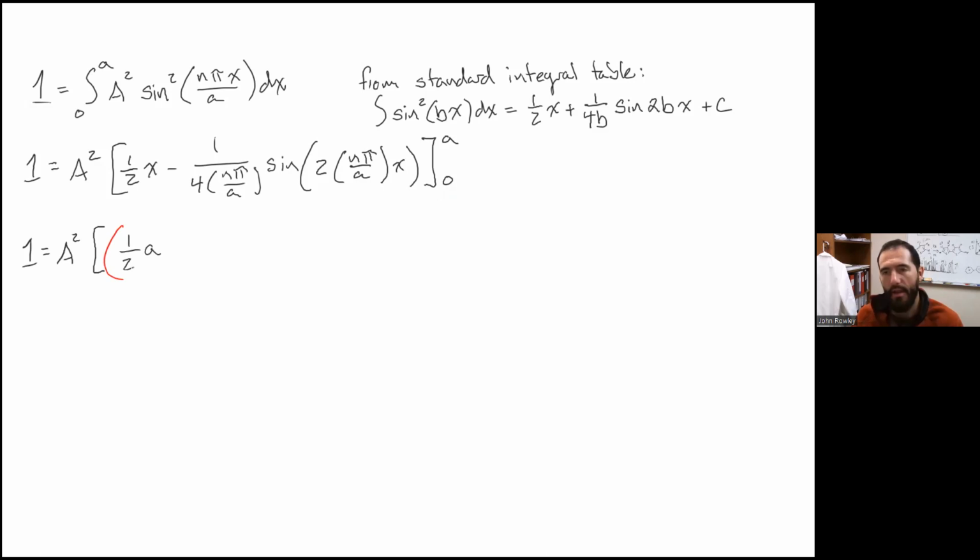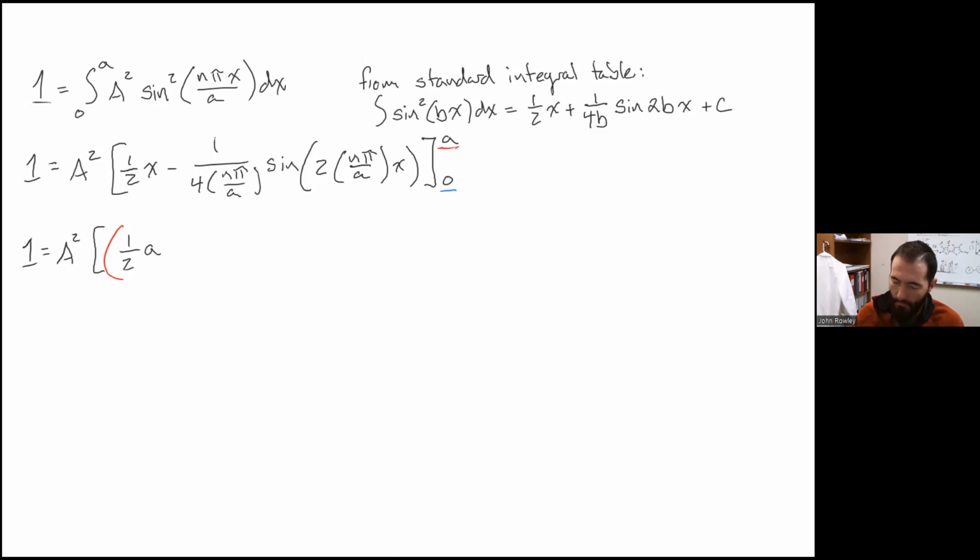Now, everywhere I have an x, I'm going to substitute in an a value. So a, I'll color code this. A is going to be red, and 0 is going to be blue in terms of the terms I'm going to write out here.